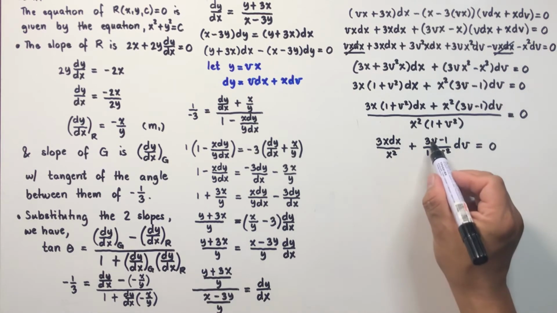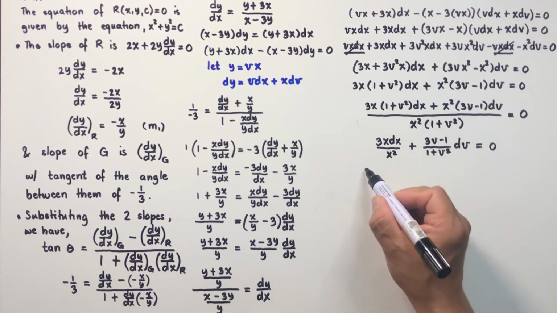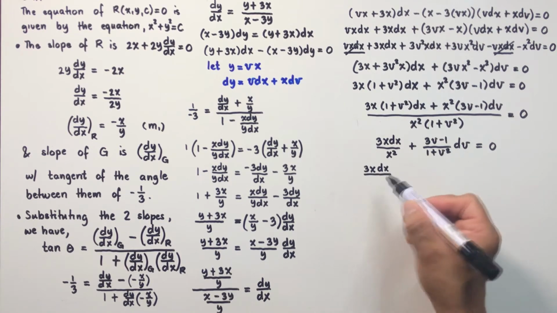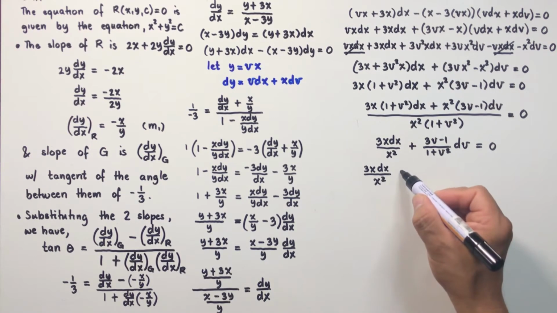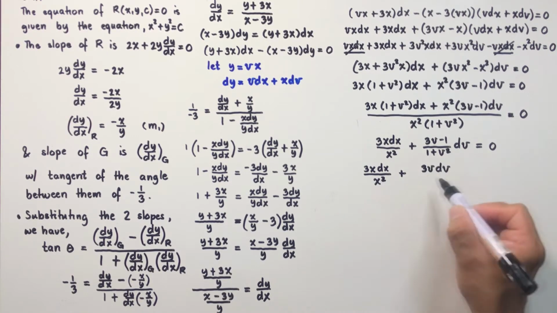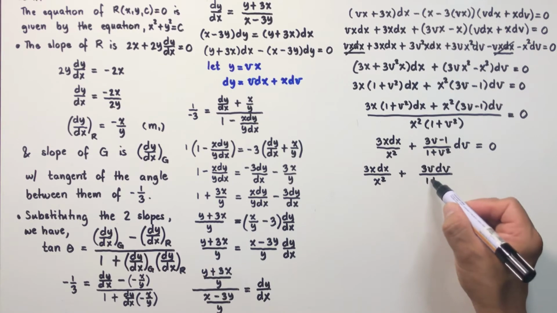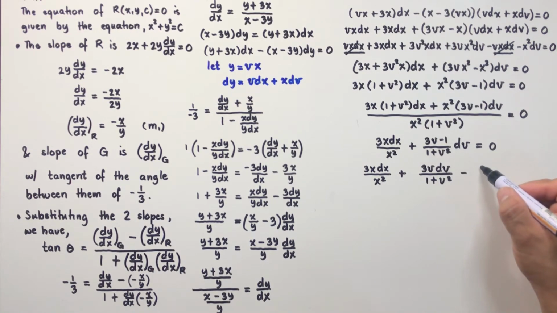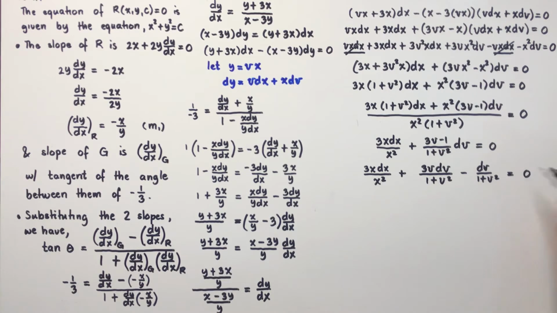But we can separate these two terms here. We have 3x dx over x squared plus 3v dv over 1 plus v squared, and then subtracted by dv over 1 plus v squared, which is equal to 0.